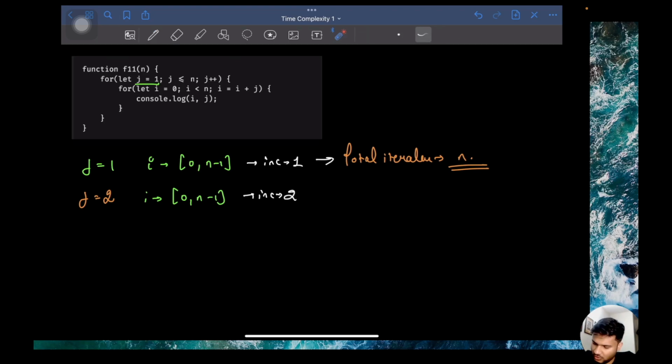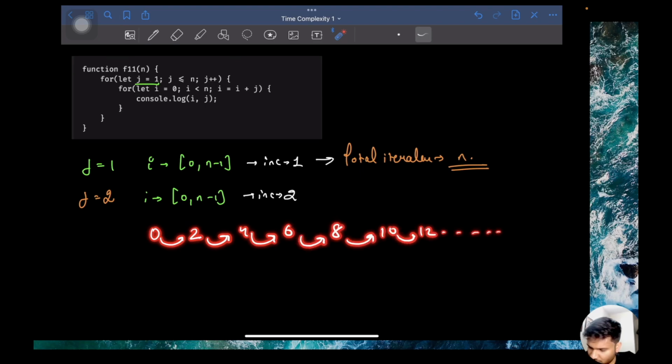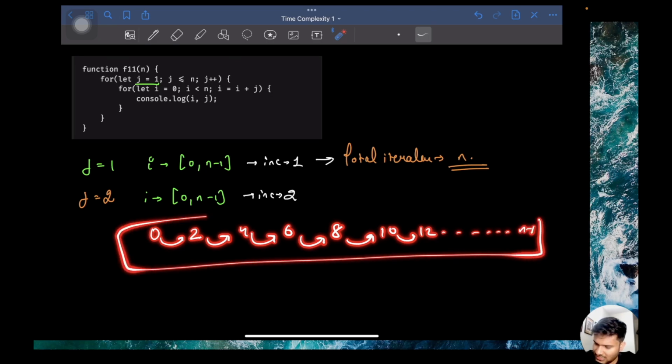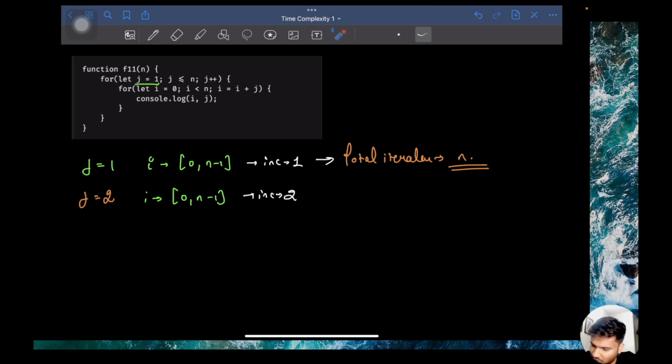So just think about it. From 0 you go to 2, from 2 you go to 4, from 4 you go to 6, from 6 to 8, from 8 to 10, 10 to 12, and so on and so forth up till n minus 1. So can I say these are total n by 2 iterations? Total iterations is n by 2, right?